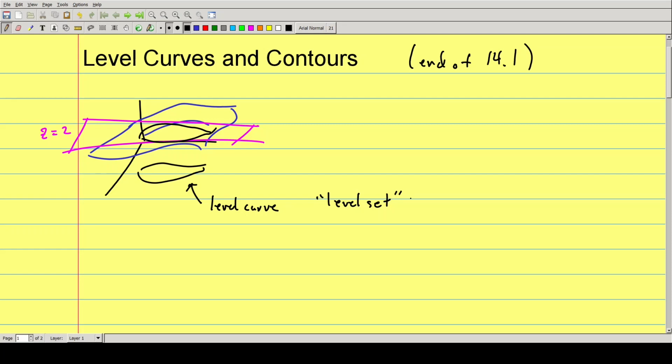The idea being that when we make this cut, we look at the intersection between the cutting plane and our surface that we started with. And if we use several of these cutting planes in order to get level sets for many different values of z, then we can come up with potentially a two-dimensional representation of the surface. Okay, something that gives us an impression of what is going on.